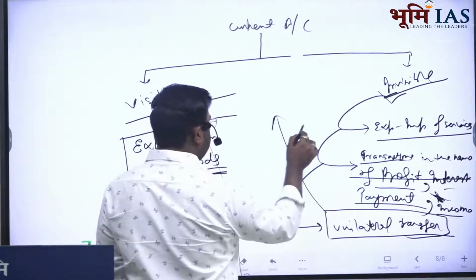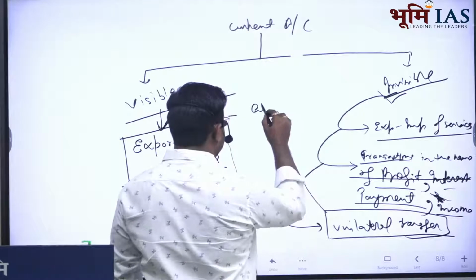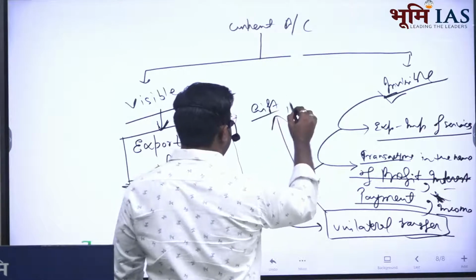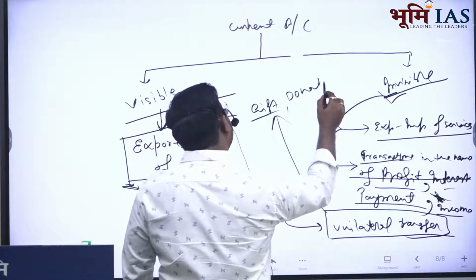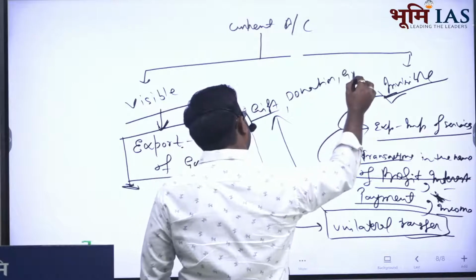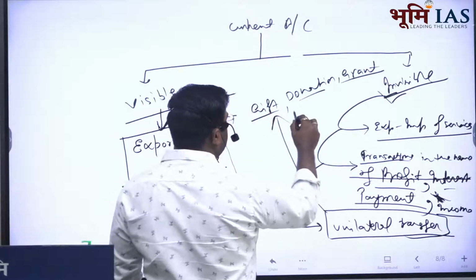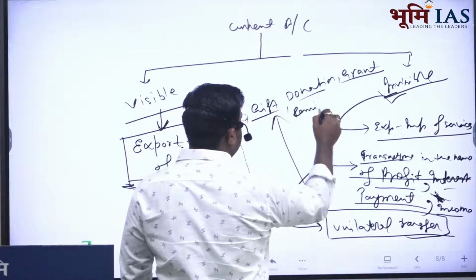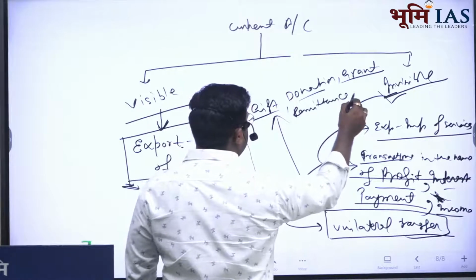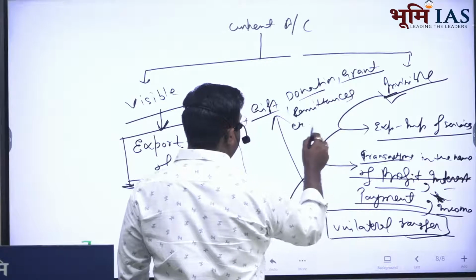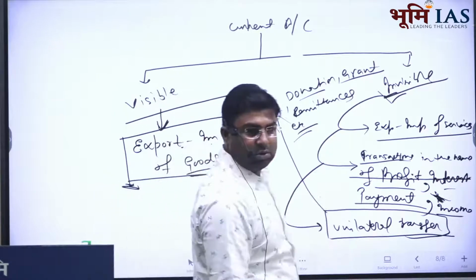Examples of unilateral transfer would be gift, donation, grant, remittances, etc.